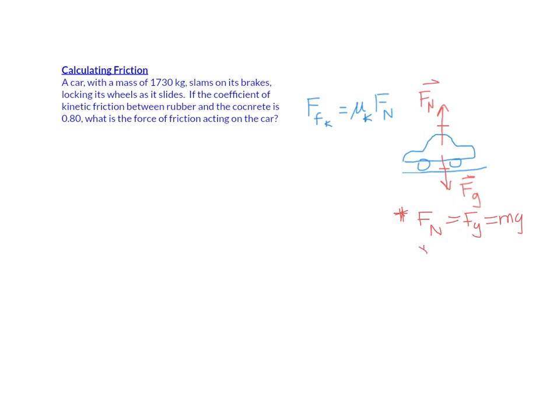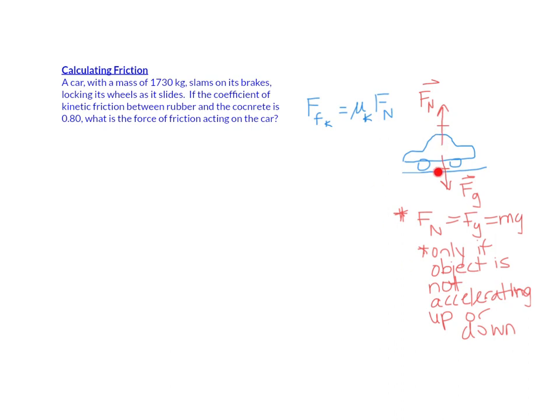And this is only if it is not accelerating up or down, because that's more accurate. If it's at rest in the vertical direction, then it's not accelerating up or down. And these two forces have to be exactly equal and opposite each other. So one is not winning the tug of war.